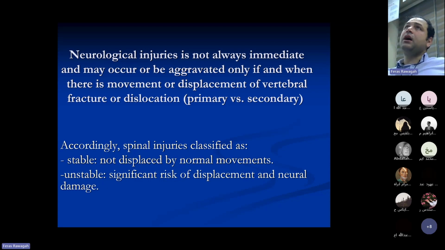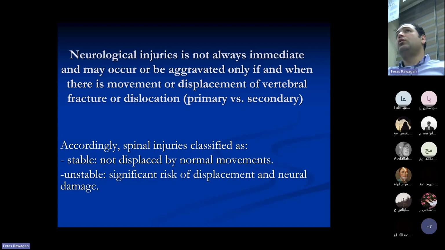This is prevented by immobilization. We immobilize the cervical spine by neck collar, and we immobilize the thoracolumbar spine by moving the patient on a rigid board or by log rolling when we roll the patient to prevent this mobilization. Okay? So this is regarding immobilization.